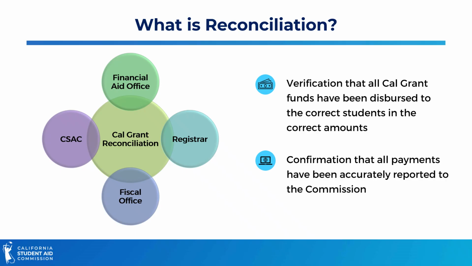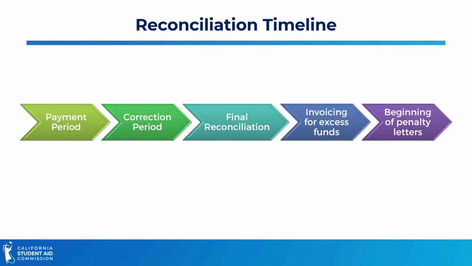All too often, these offices work in silos and neglect to share necessary documents with each other. Remember, if an institution is selected for a compliance review, the entire institution is being reviewed, not just the financial aid office.